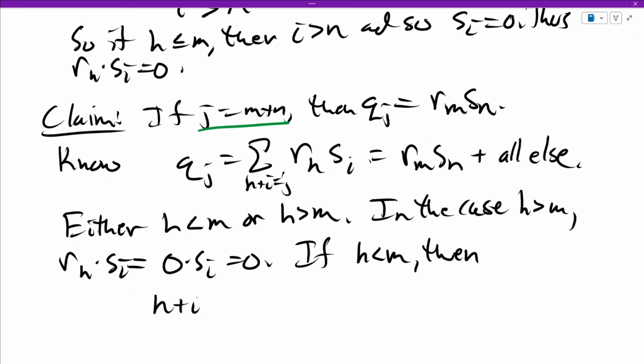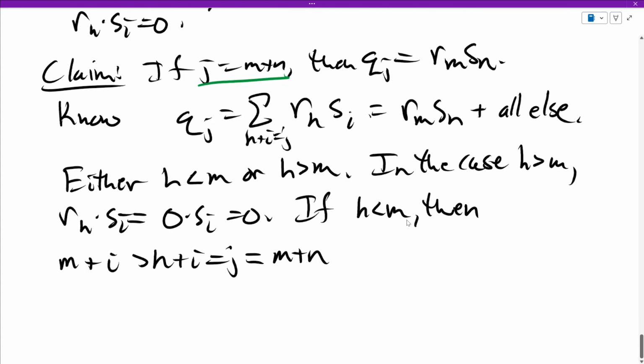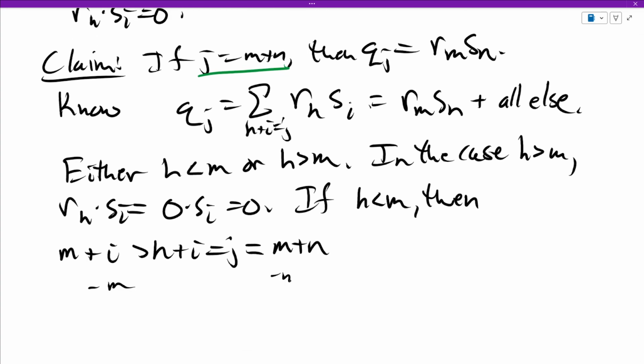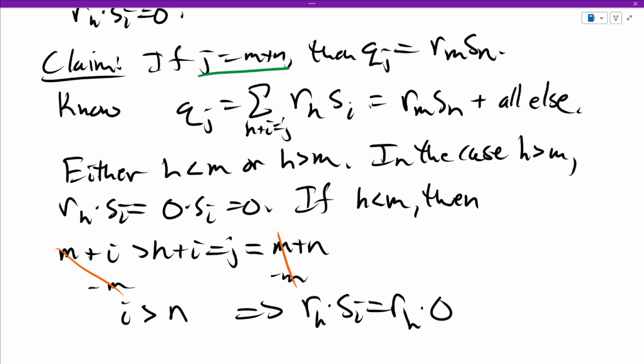Well, h plus i is j, and j is also m plus n in this proof. So we can replace the h with a bigger expression, m, giving m plus i is greater than m plus n. Subtracting m from both sides, we get i is bigger than n, like we saw on the previous one. So in this case, R_h times S_i is R_h times 0, because we're above the degree for the S coefficients, and we still get 0. So my point here is the all-else becomes 0, because it's a sum of zeros.